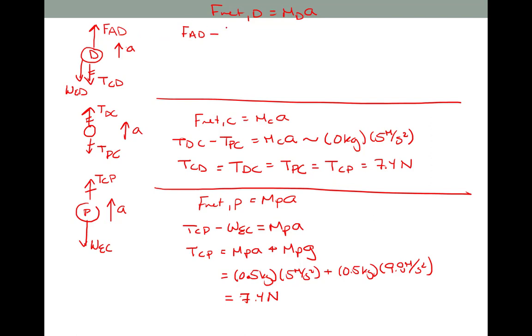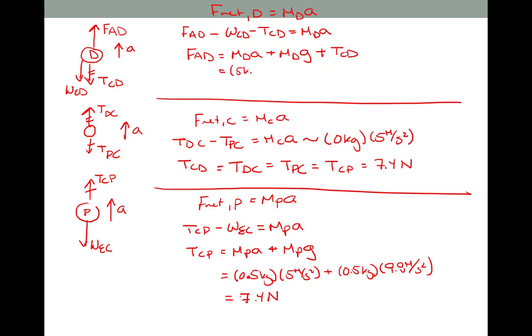We have two forces in the other direction, the drone's weight and that tension that we just did a lot of effort to find. So now I can solve for the force from the air on the drone, and that will equal the mass of the drone times its acceleration plus the mass of the drone times the acceleration due to gravity, which is the weight force, plus the tension in the cable acting on the drone.